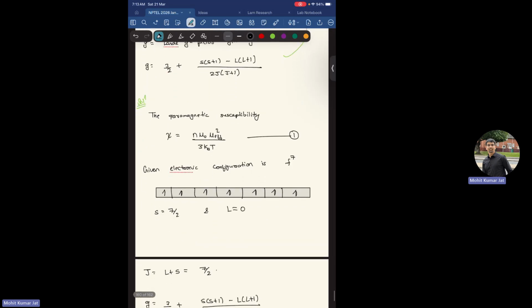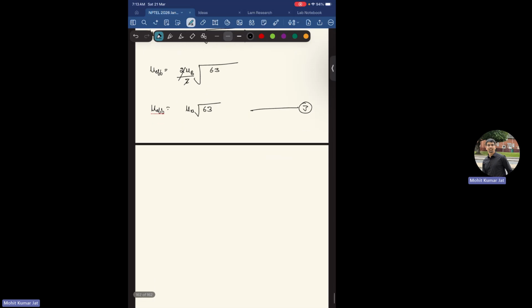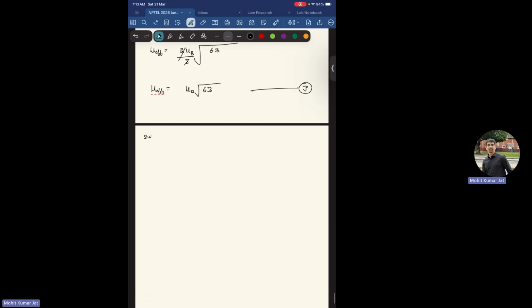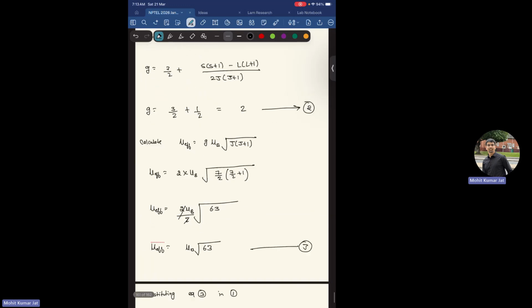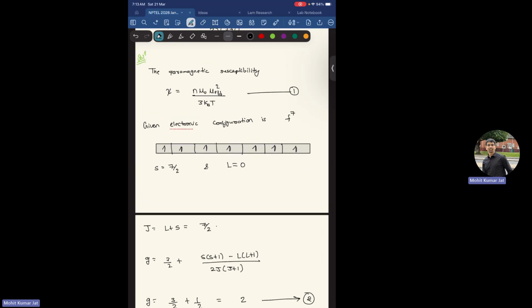Substitute equation 3 into equation number 1. Chi is N mu naught mu effective square by 3 kBT.